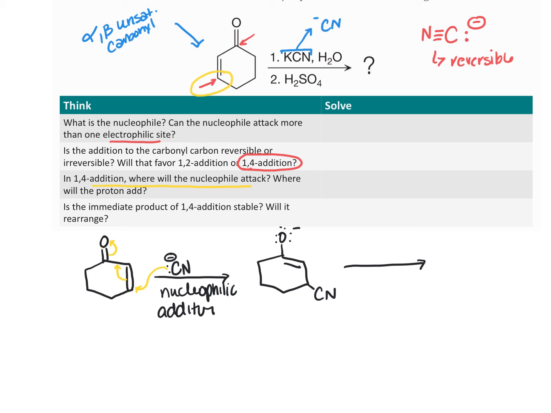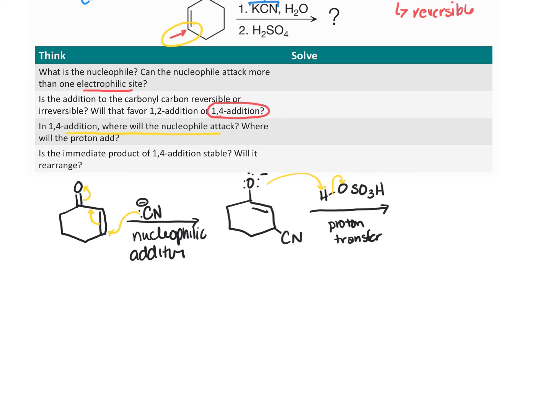And I don't want to write it up there. It's a proton transfer. I want to write it down here. I'm going to look and see what's providing that proton. It is an acid. It's sulfuric acid, which we can simplify like that. So these electrons are going to go steal that proton. Those electrons are going to go on the oxygen. Okay.